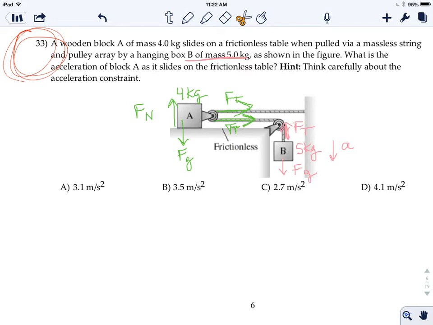Since the green one here, object A, isn't moving up and down, what can we say is true about the normal force and the gravitational force? That's right, they're equal, so they cancel out. And all the acceleration is going to be in the horizontal direction. So we don't really have to worry about them right now.